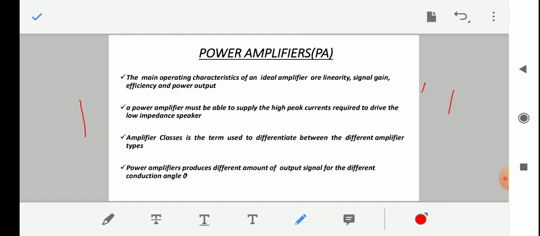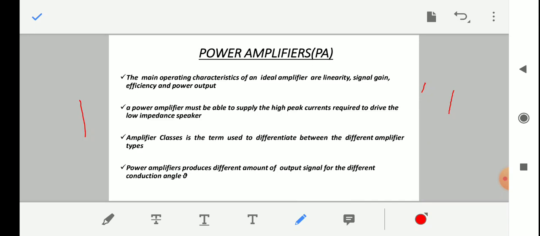Now, power amplifiers as well as classic amplifiers are used for amplifying small signals, but in many applications a large amount of output current or voltage is required at the output section.